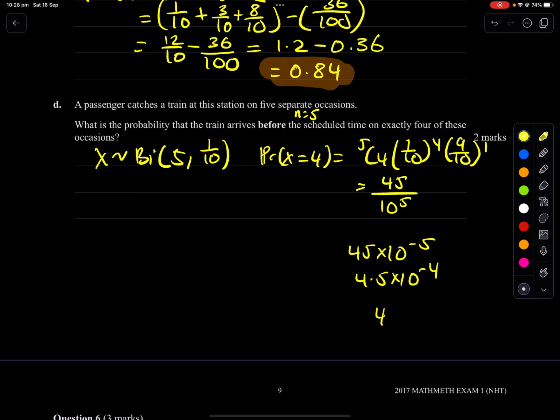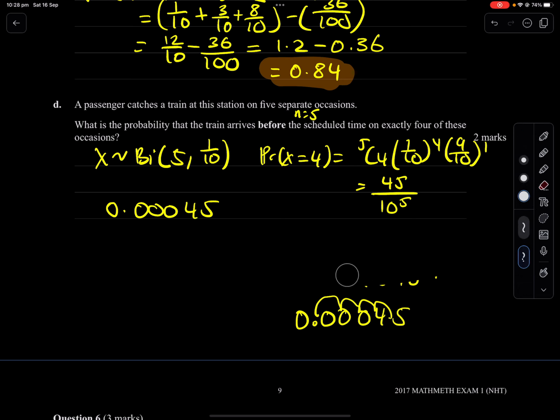If you write 4.5, I'm going to put some zeros, so 1, 2, 3, 4. We can simplify this whole thing to 0.00045. Yeah, you can simplify it to that.